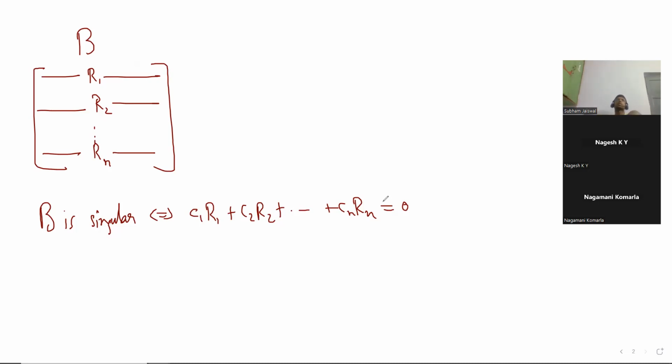Another way to think about this is that if you have a matrix B, then you can do row operations, and whenever you do row operations, you don't affect the linear independence of the rows.